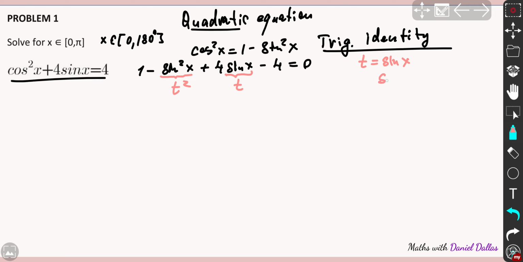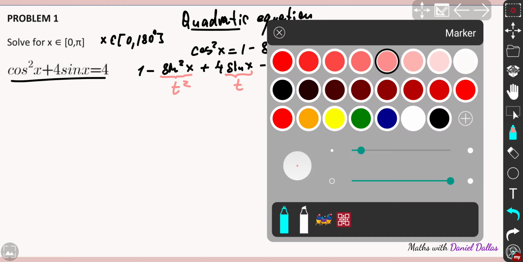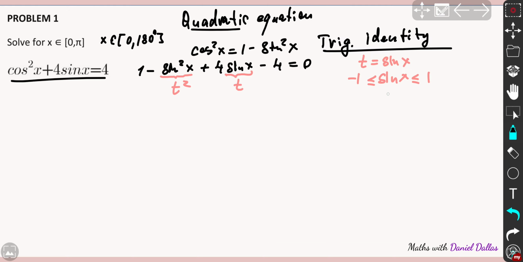But as you remember, sine x has the limit from -1 to 1. It cannot exceed 1, and it cannot exceed -1 in the negative direction. So we have some limitations for our t. So t cannot be more than 1 and less than -1.